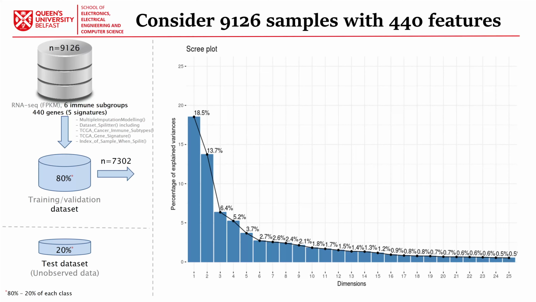So as you can see, the dimension here, I'm not using just 3 PCA to see this histogram. This is PCA 1, PCA 2, 3, etc. And as you can see from this histogram, the percentage of explained variance for the first one usually is the highest one, which is 18%, nearly 14%, 6%, 5%.